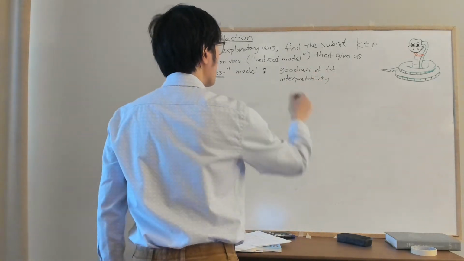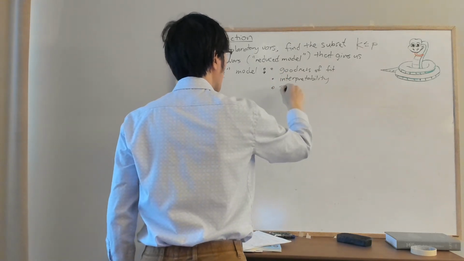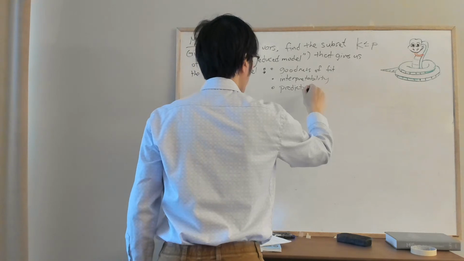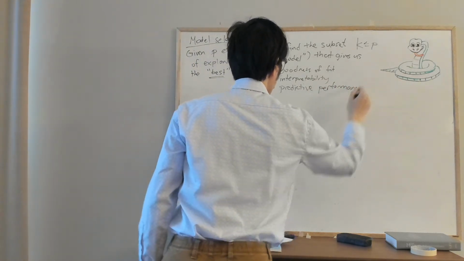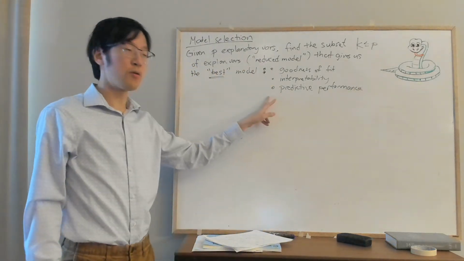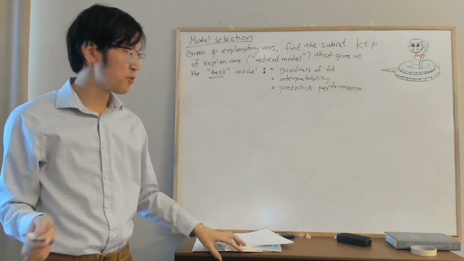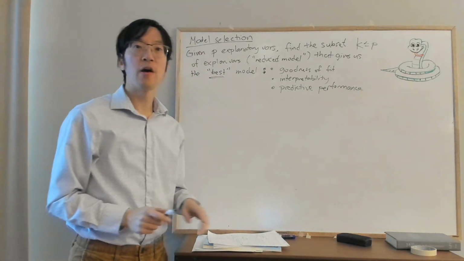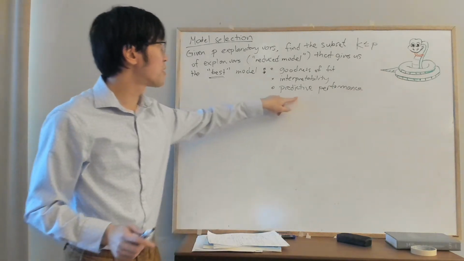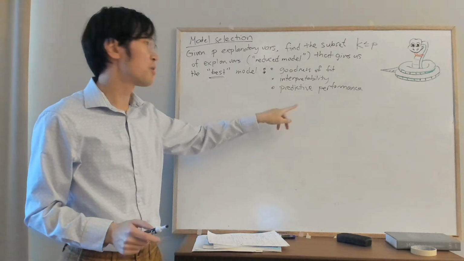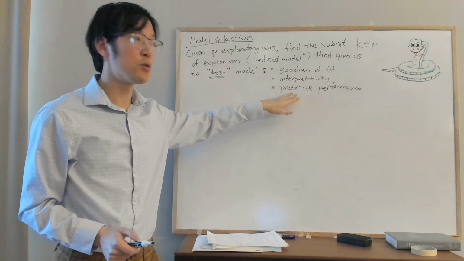Finally, here are the points: goodness of fit, interpretability, and also predictive performance. What we mean by predictive performance is this: we fit the model to the data we have, and now suppose we have a new batch of observations where we only have X, but we don't have Y, and we want to predict Y. For data that was not used to fit the model, how well can our model do in terms of predicting the response?